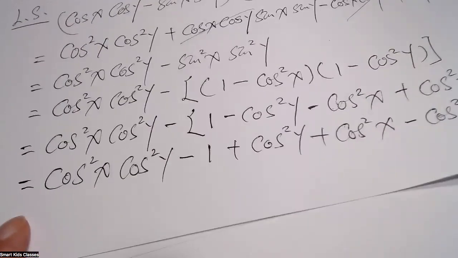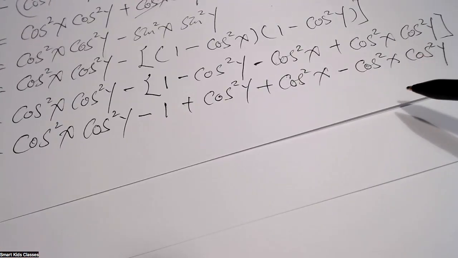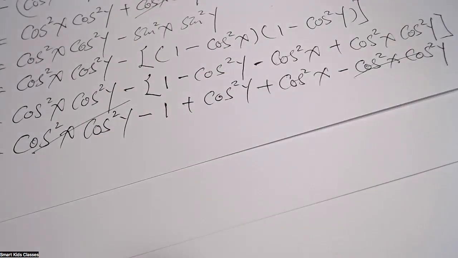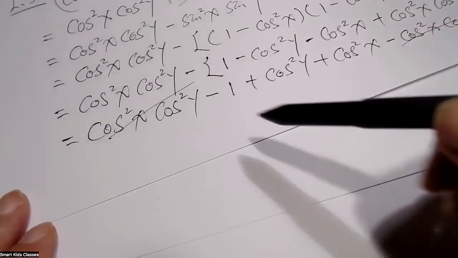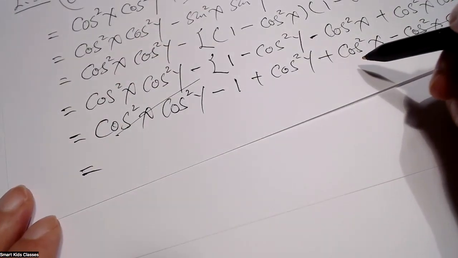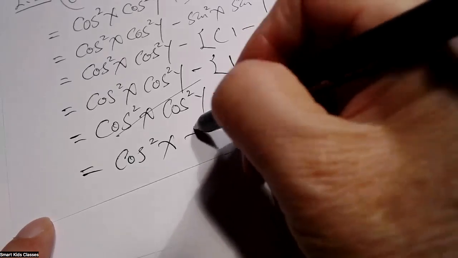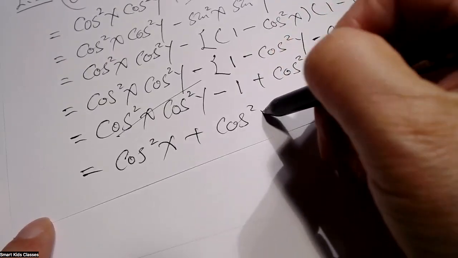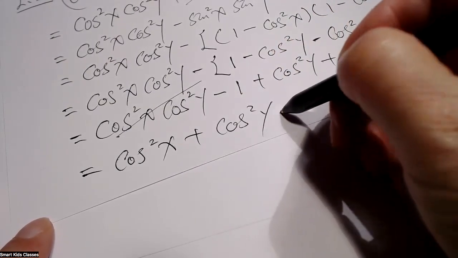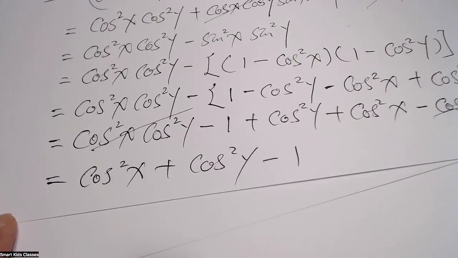Now we have written them in a whole row, and the first term and the end term cancel each other. So we write what we left here: cosine square x plus cosine square y minus 1.